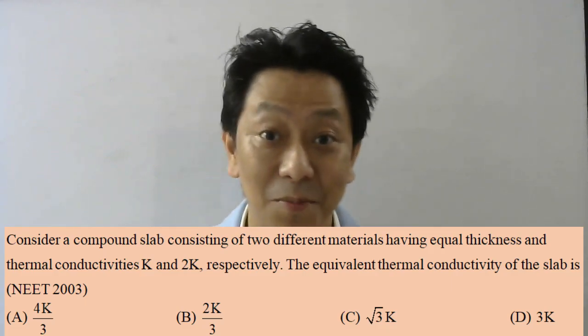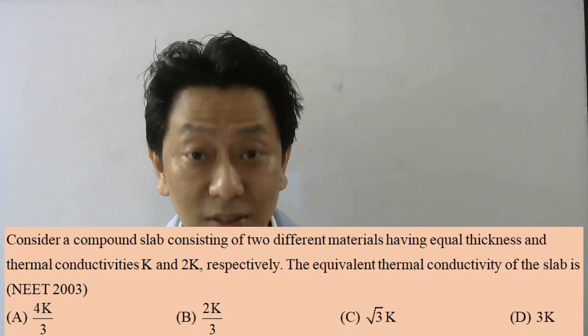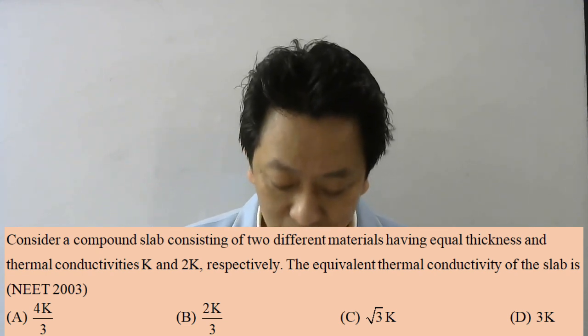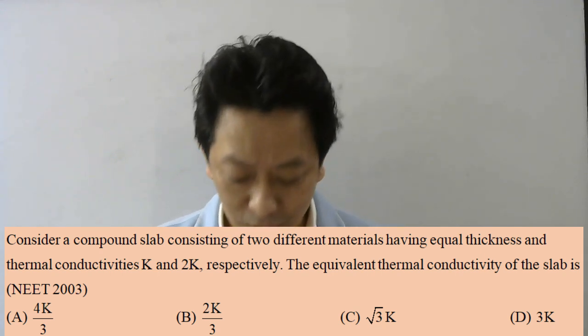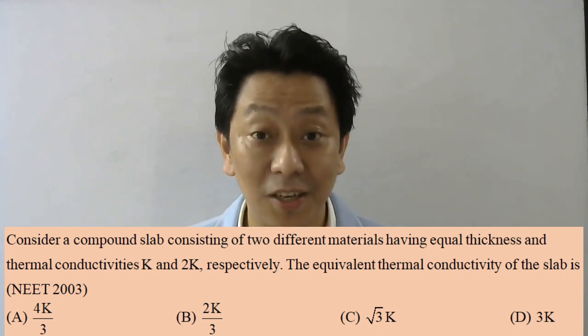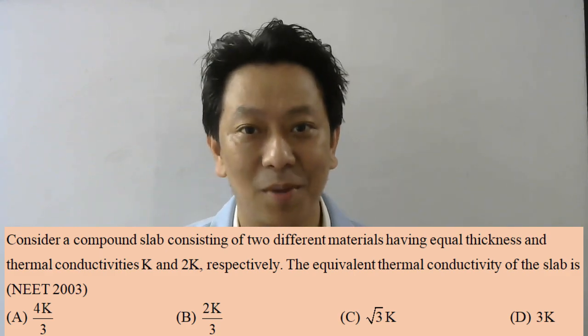This question has come in previous year's NEET exams. It says, consider a compound slab consisting of two different materials having equal thickness and thermal conductivities K and 2K respectively. The equivalent thermal conductivity of the slab. So they want you to calculate the equivalent thermal conductivity.